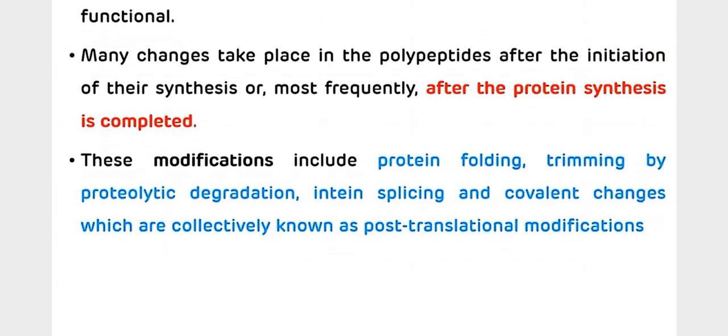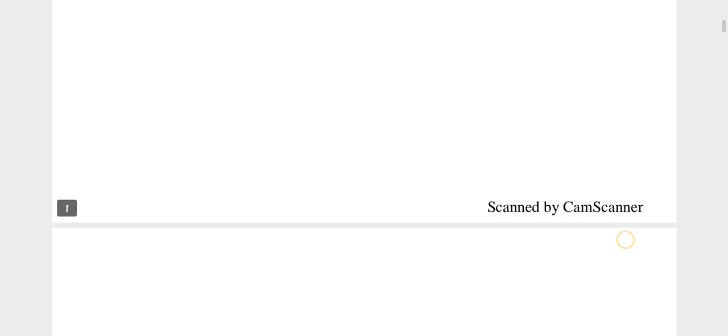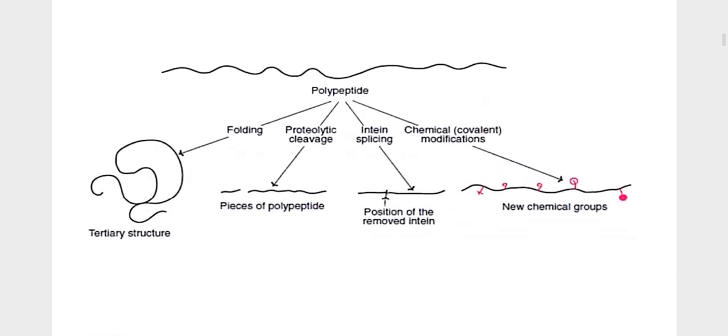These modifications include protein folding, trimming by proteolytic degradation, intein splicing, and covalent changes, which are collectively known as post-translational modifications. Polypeptide folding gives tertiary structure, proteolytic cleavage yields pieces of polypeptide, intein splicing removes the intein, and chemical covalent modifications add new chemical groups.